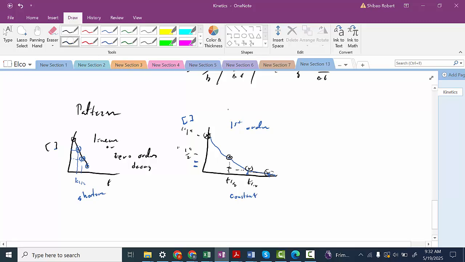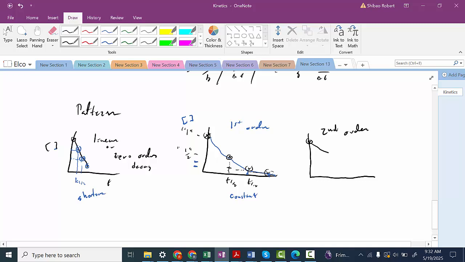And then we have another type of pattern that you should be able to recognize, and that's going to be a second order. And so when we look at second order, it's also non-linear, but the way it decays is a little slower.